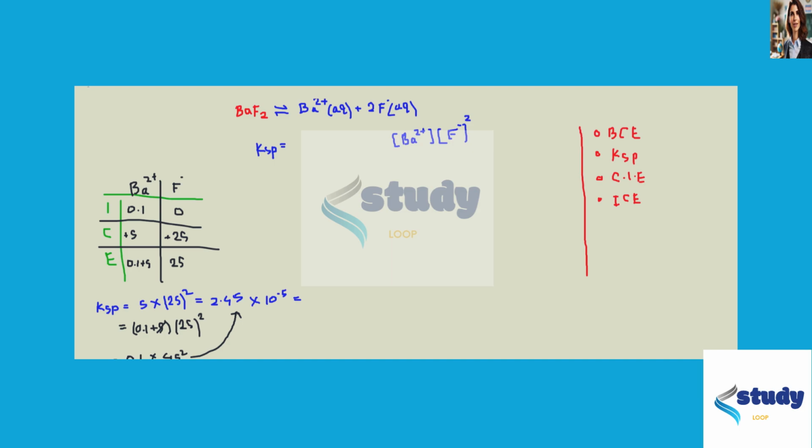And if we do the math again, then we will find that the value of S will be 7.82 times 10 to the power minus 3.